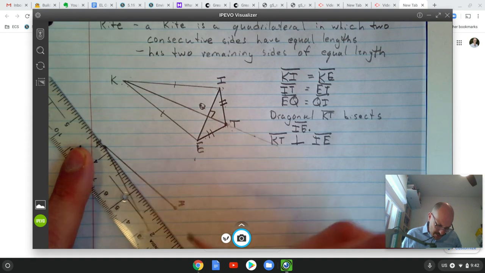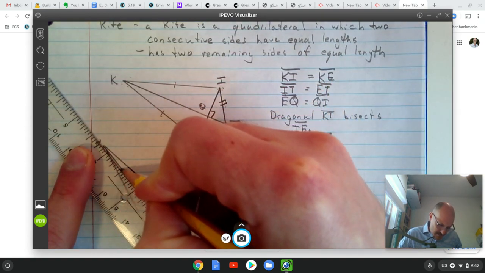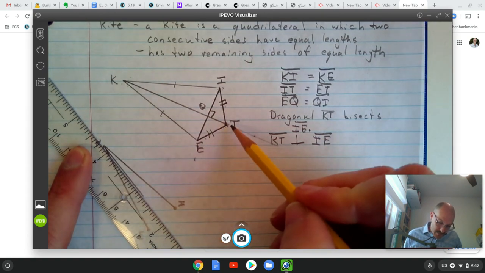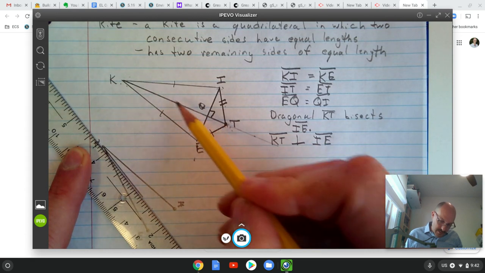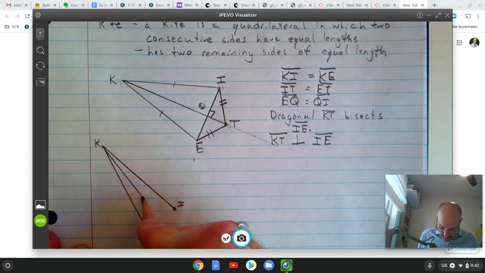So I'm looking at that point that I put there. And remember, I could put point T anywhere along that line segment. So I'm actually going to put it here.